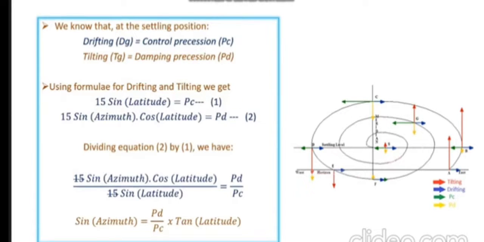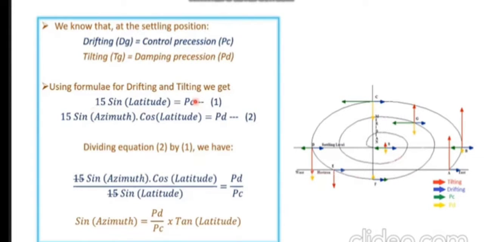Now we are aware of the drifting and tilting formula. The formula for drifting is 15 degrees sine of latitude. Since it is equal and opposite to PC, we get this relationship or equation number 1.